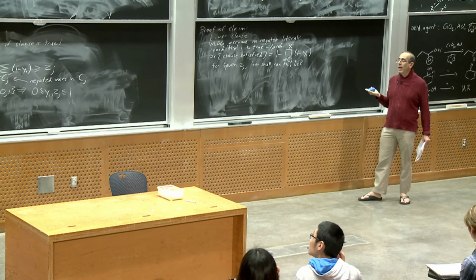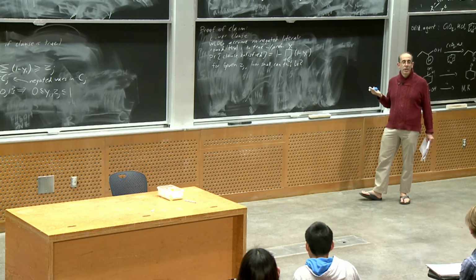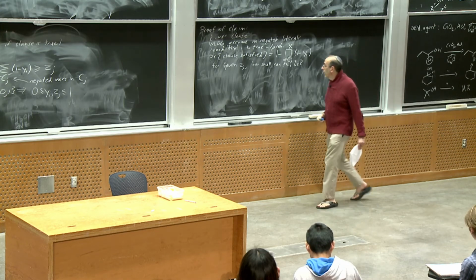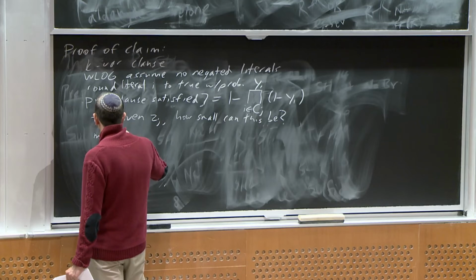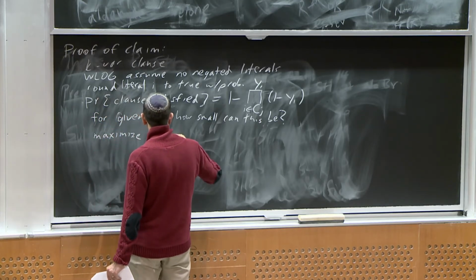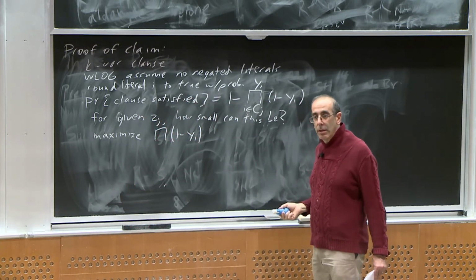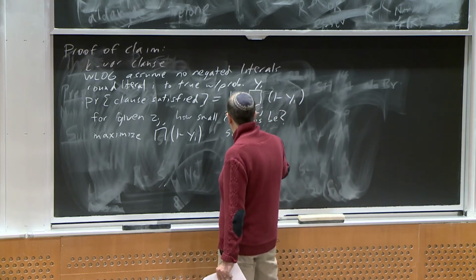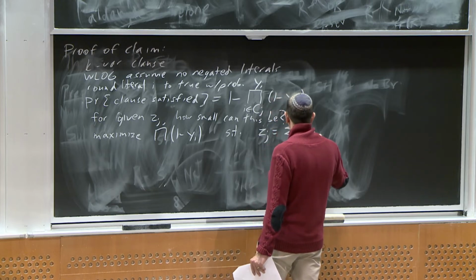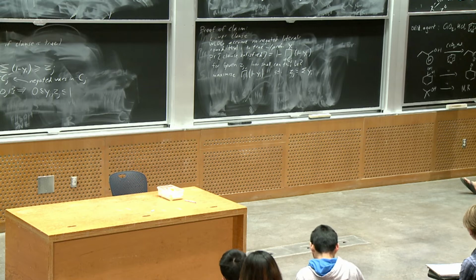So we're going to try and minimize this in the worst case. We're asking what is the worst possible case for this. Okay, so you want to minimize this probability, which means that you want to maximize the product of the 1 minus yi's. Now, what's the constraint that you satisfy? Well, we know that zj is going to be equal to the sum of the yi's. That comes from the linear program.